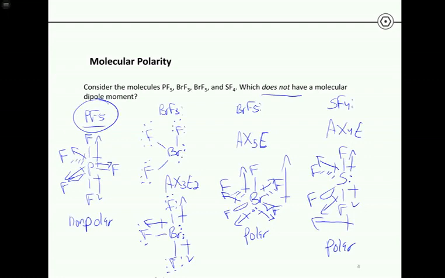Now a shortcut we can take with these polarity questions, if it's simple AX structures, central atom with some atoms bonded on the outside: if there's 1 lone pair, it's going to be polar. When I say 1 lone pair, I mean on the central atom.